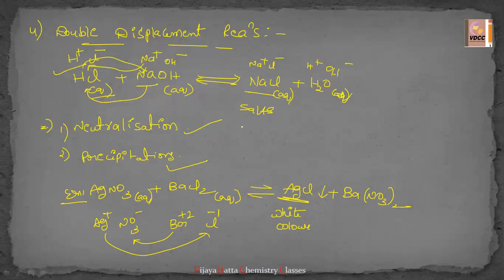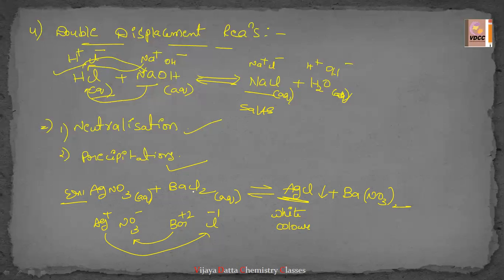Both come under double displacement reactions only. Obviously, we can say it is a redox reaction. Always, double displacement reactions are redox reactions only. Here Ag plus, NO3 minus, Ba2 plus and Cl minus, the double displacement is taking place. So these are redox reactions.